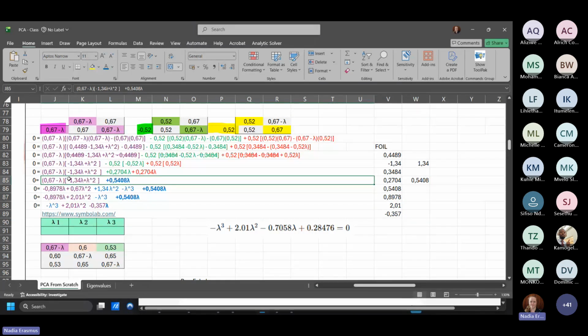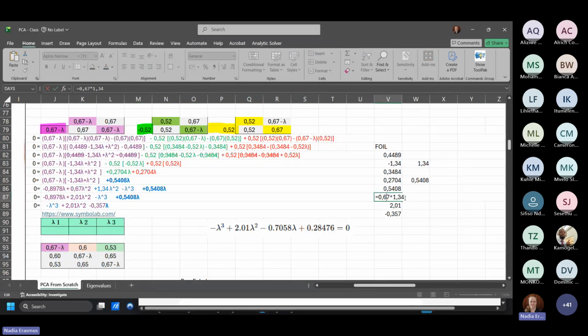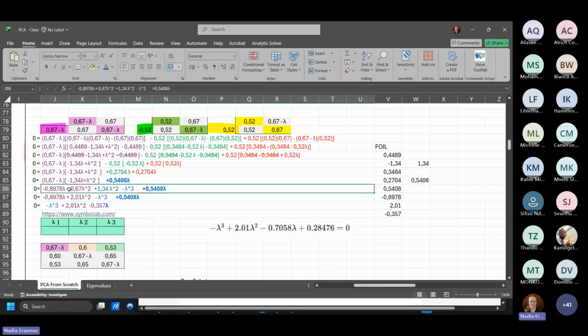And then we had 0.67 times minus 1.34. I think it's this one. 0.8979. Positive 0.67 squared.